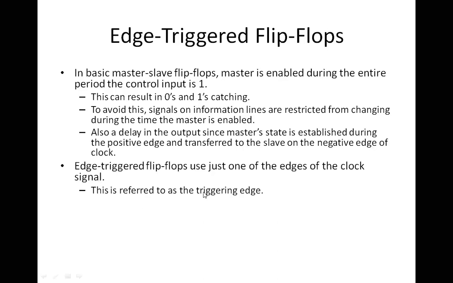This is referred to as the triggering edge. So only the edges of the clock. Students, how many edges does a clock have? Two. So they are the rising edge and the falling edge, from the lower value to higher value and from higher value to lower value.